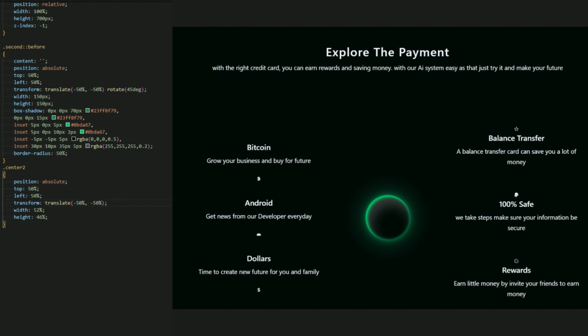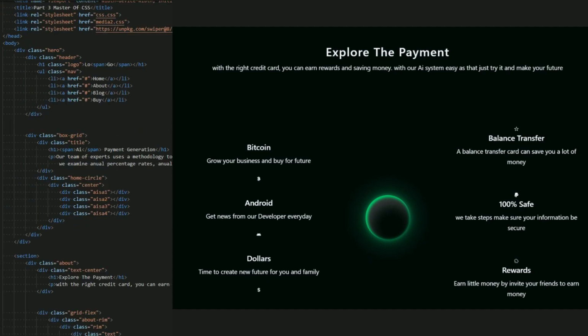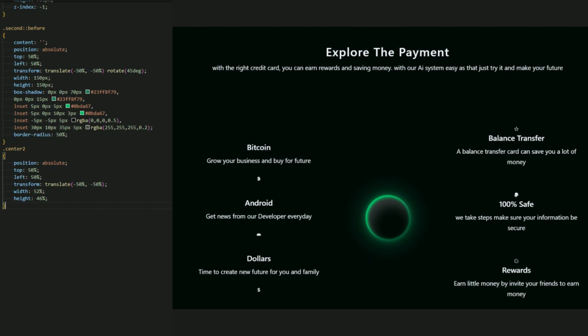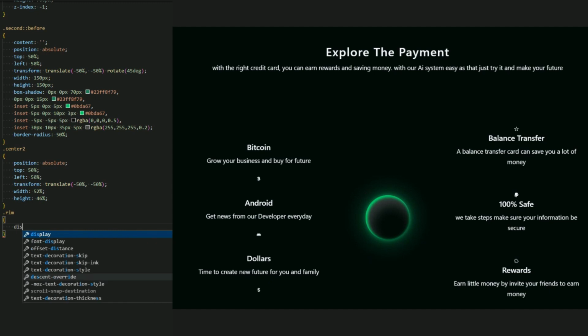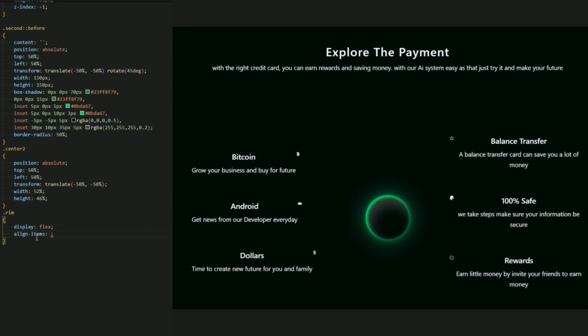And now for the rim that we created here, okay, I named it rim. So for the rim, let me display flex for this icon and this text to be in the same line, align item center.